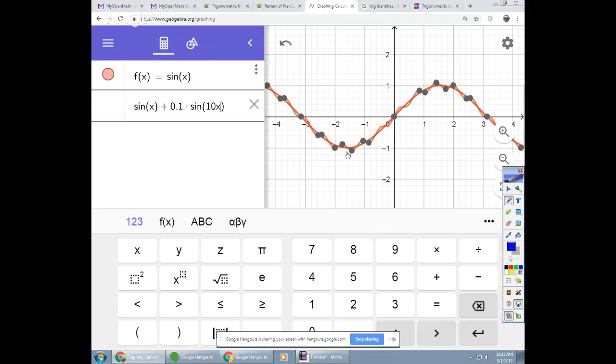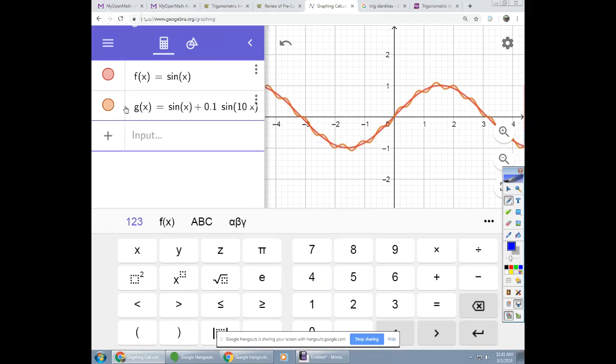So now this function wiggles on top of, so that's frequency modulation, where I have one wave ride another wave. The first one was AM radio, that's FM radio. So this would be FM radio over here.